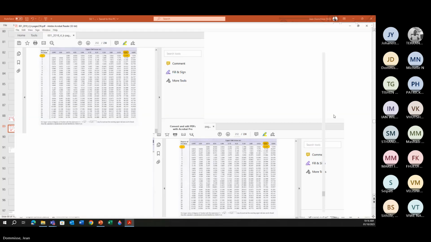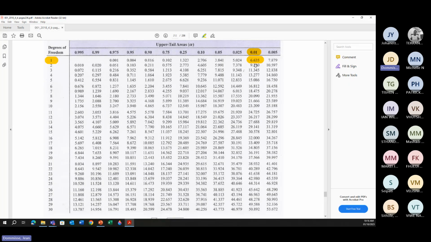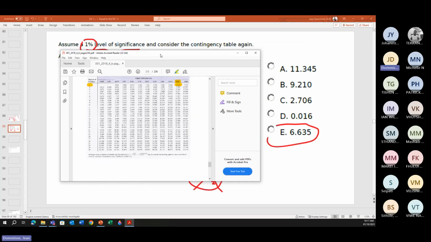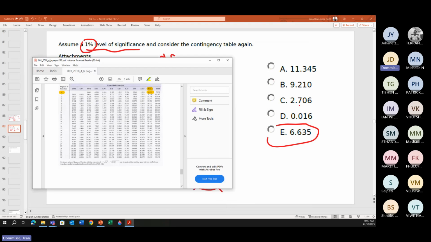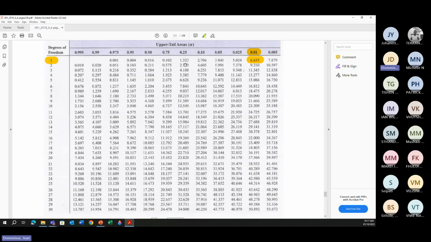The other one was if you said 0.1 instead of 0.001, you would have gotten it wrong as well. Okay, so if you said 0.1, that would have been your option.